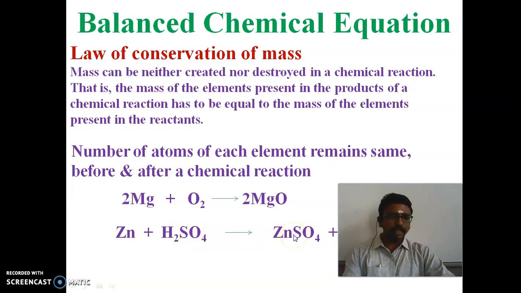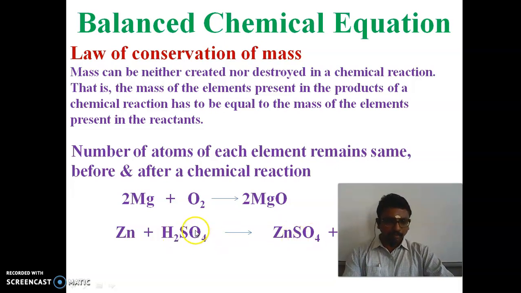And next we will see the hydrogen. Hydrogen here H2, here also H2. The number of atoms here is 2 and here also 2. So hydrogen is also balanced. And next we will see the oxygen.